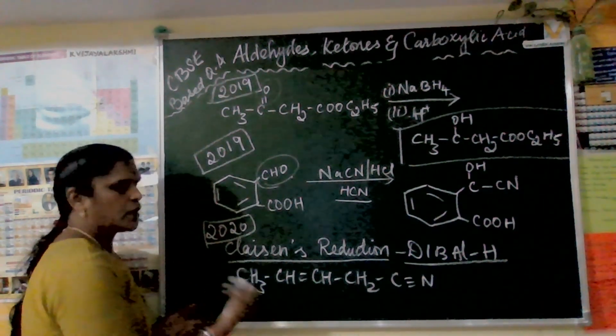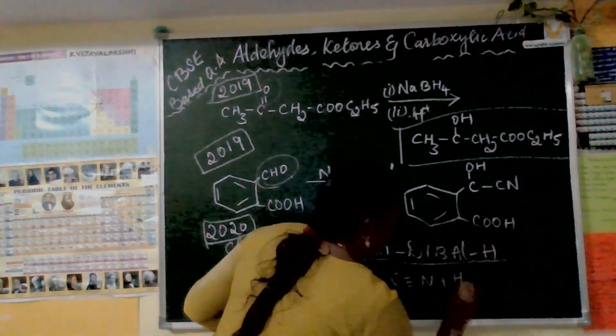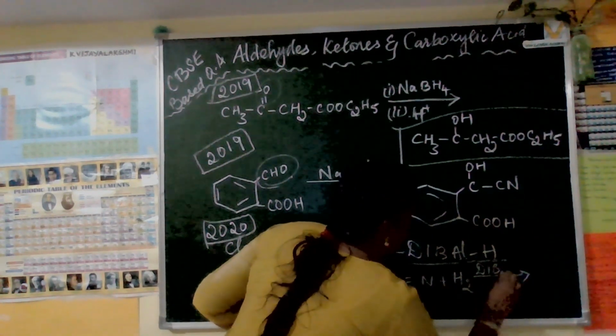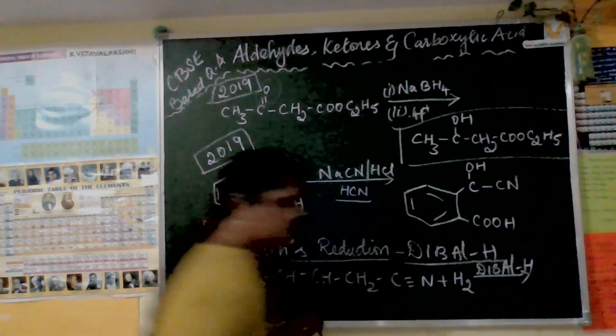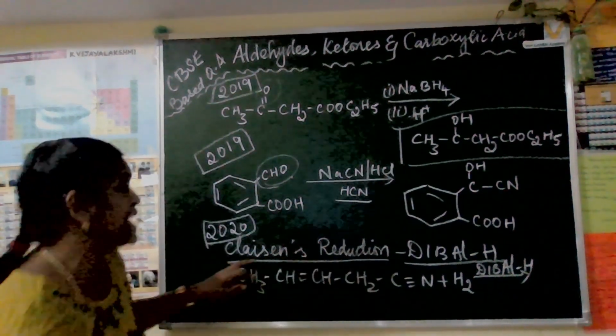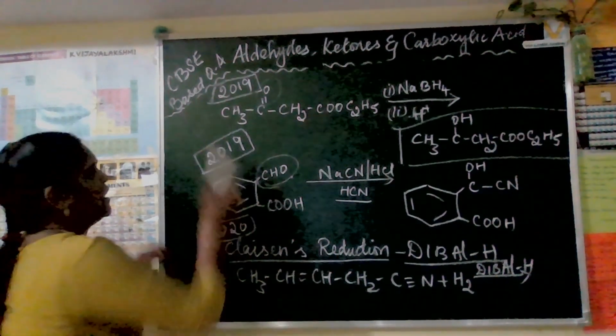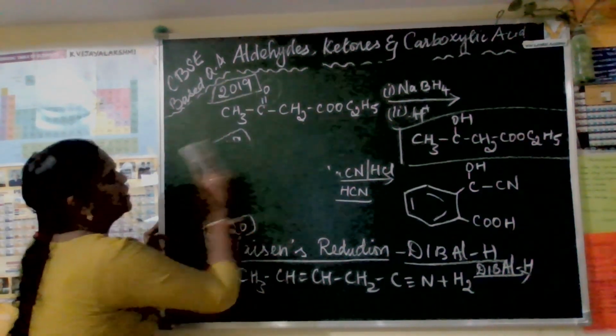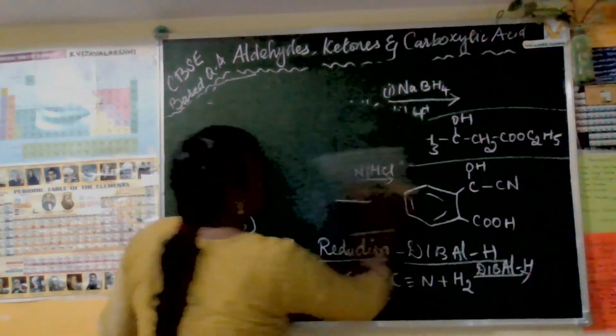This is the compound, which reacts with hydrogen in the presence of diisobutyl aluminium hydride. This is the reduction process. Now I have mentioned it here, and these are all very important.